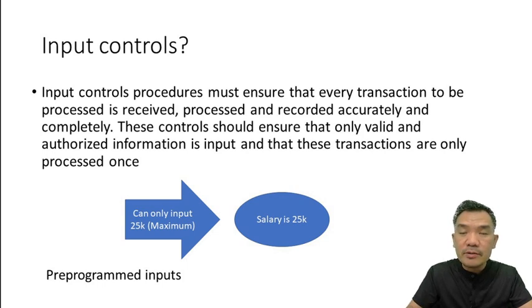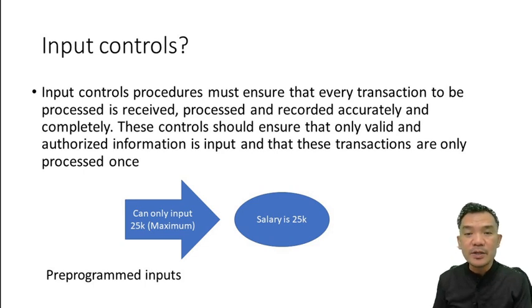Sometimes the IS auditor will also suggest input controls for existing systems if we observe a concern or issue. For example, consider inputting salary. If we know that a certain person has a given salary, you can put an input control that will limit the input to a maximum number.